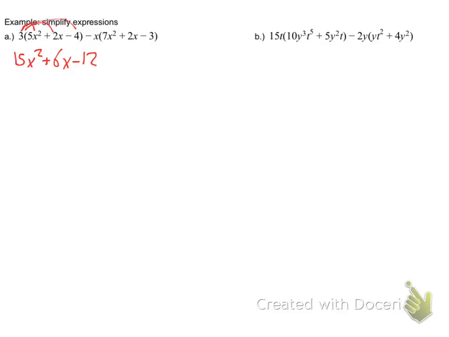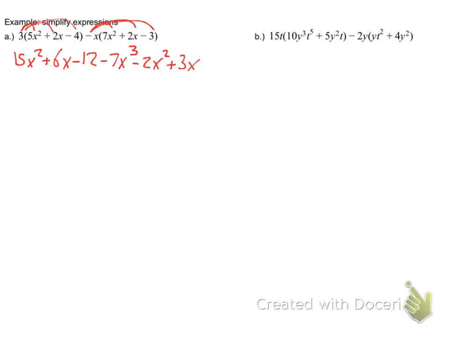Now, the second group is a negative x. Negative x times a positive 7x squared is negative 7x cubed, because x times x squared is x cubed. Negative x times negative 2x is positive 2x squared. Negative x times negative 3 makes a positive 3x.